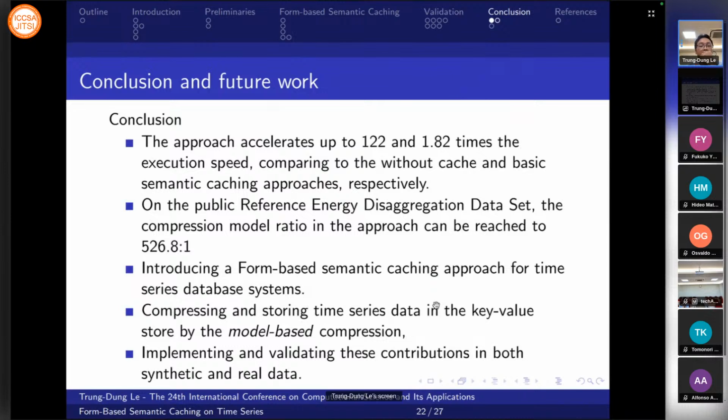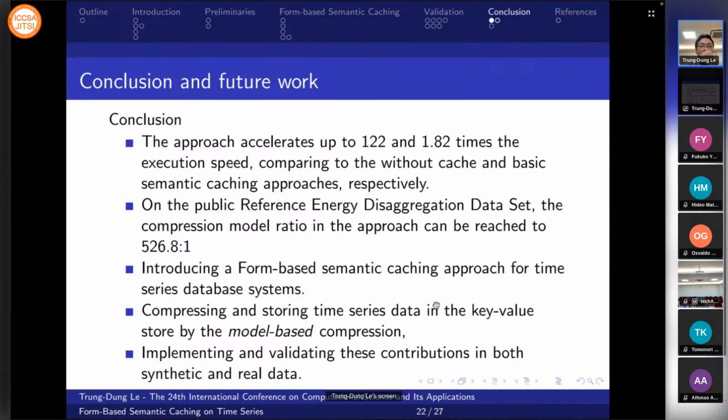And with the REDD dataset, the reference energy disaggregation dataset, the compression ratio of the model in our approach can reach 526 to 1.